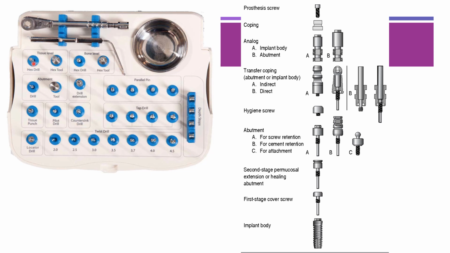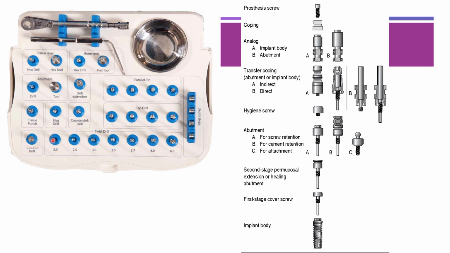You can see the tissue level hex drill and hex tool, and the bone level hex drill and hex tool. For abutments there is a drill and tool, and drill extensions are there. The tissue punch is for flapless implant surgery, and this is the pilot drill or Vansel drill. There is a first drill, a countersink drill for the shoulder part, and the locator drill.